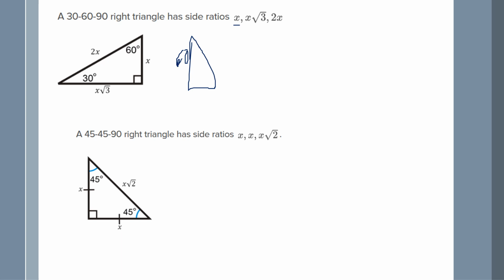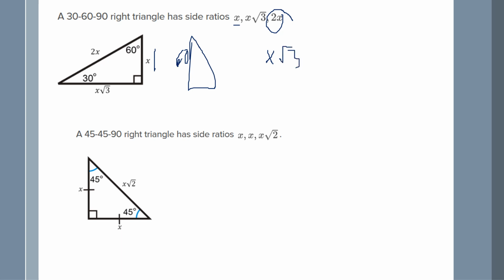And then the hypotenuse is always, always, always, always twice the short leg. And then the tallest leg is going to always be x square root 3.